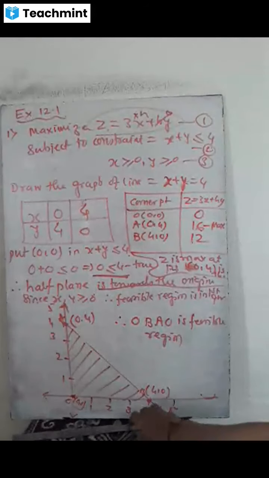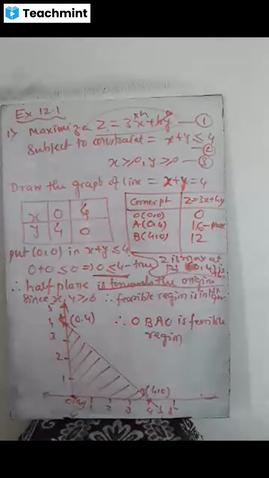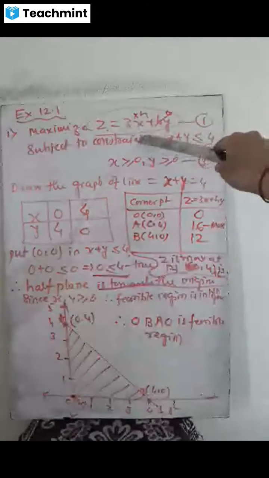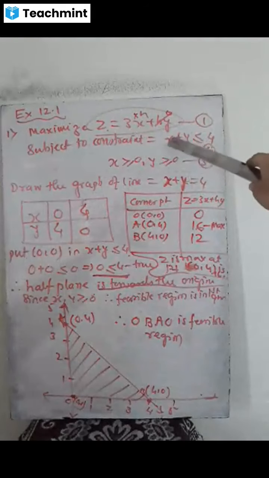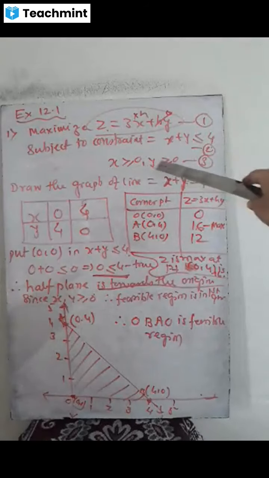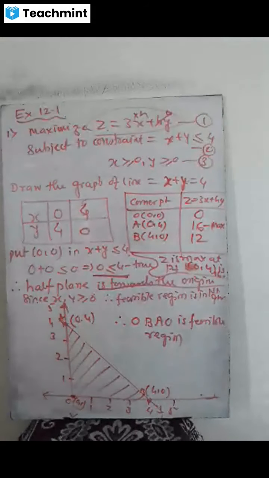So question number 1, it is given, 12.1. Maximize z equal to 3x plus 4y subject to the constraints x plus y is less than or equal to 4, x is greater than or equal to 0, y is greater than or equal to 0.